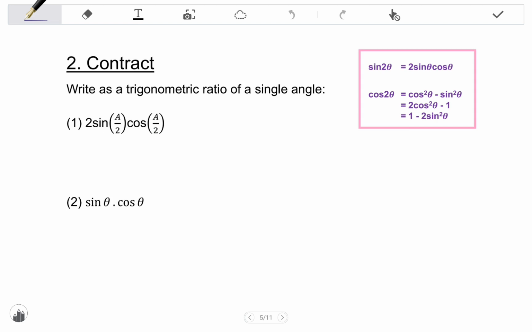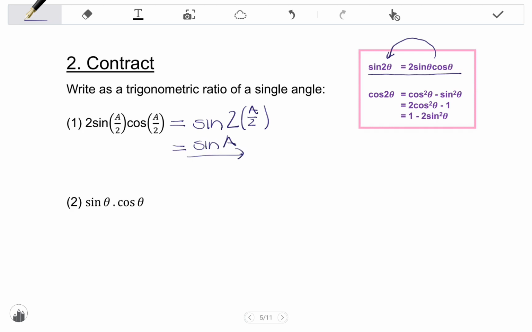Okay, then I see that I have 2 and then a sine and a cos multiplied to each other. The only formula with sine and cos multiplied to each other is the sine double angle formula. Okay, so I'm going to contract, so I'm working from right to left. Okay, so I know that this will equal sine 2 times, now what's the angle? It is A over 2, and that simplifies to the 2's cancel, and I have sine A.